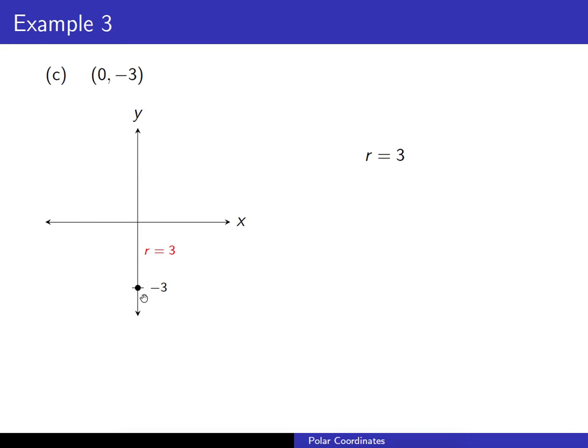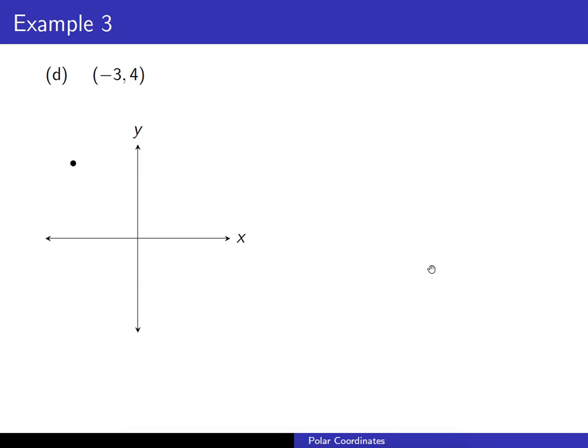We could do 0 squared plus 3 squared and take the square root of it, but I just think it's easier to look at the picture. And again, a picture's worth 1,000 words here. We rotated 270 degrees to get this point. So our angle of rotation is 270 degrees, or 3 pi over 2 radians, which gives us our polar representation as 3 and 3 pi over 2 for the rotation.